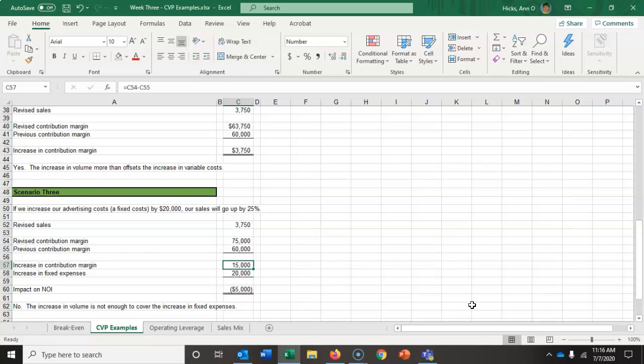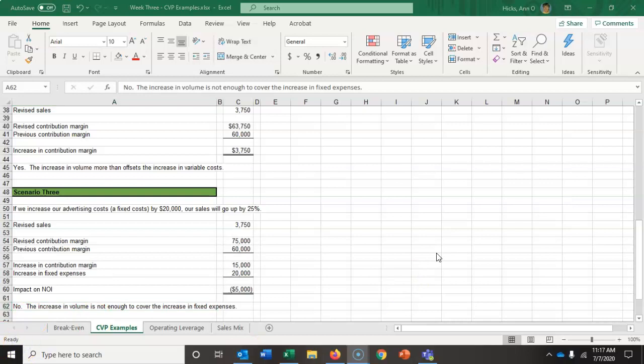However, what has to come out of that increased contribution margin is the additional $20,000 in fixed costs. Once we do that, what's going to happen? Our net operating income is going to decrease by $5,000, which basically says no, that increase in fixed expenses will not increase our sales enough to even cover the increased fixed expenses, much less increase our profit.